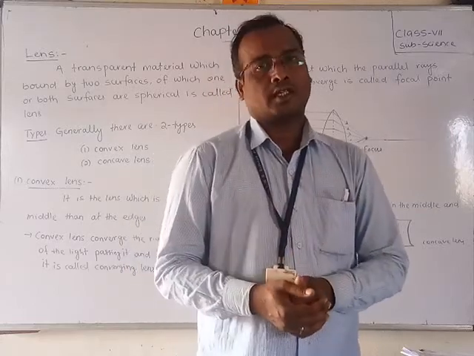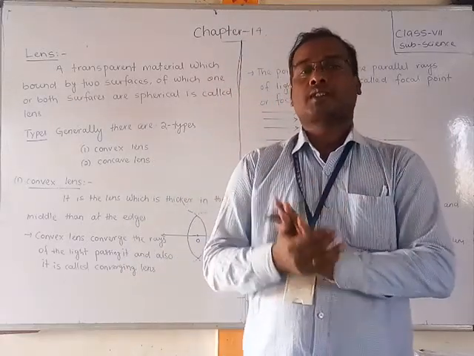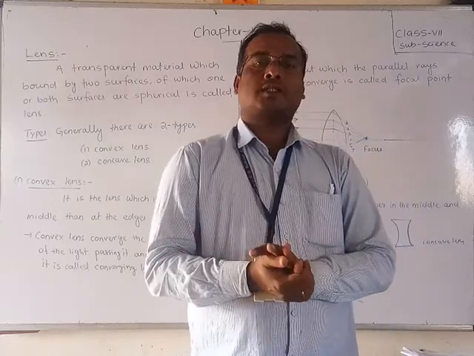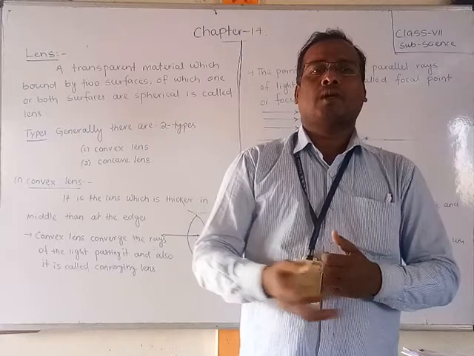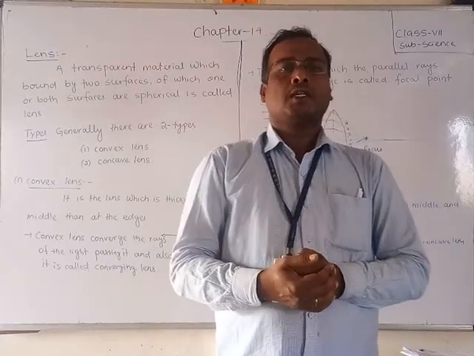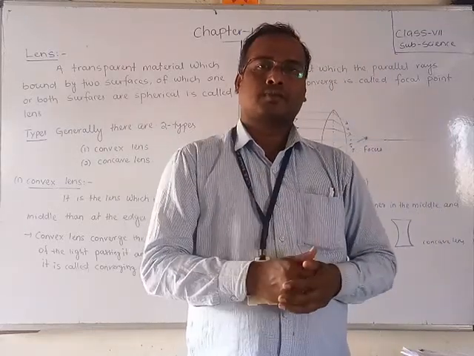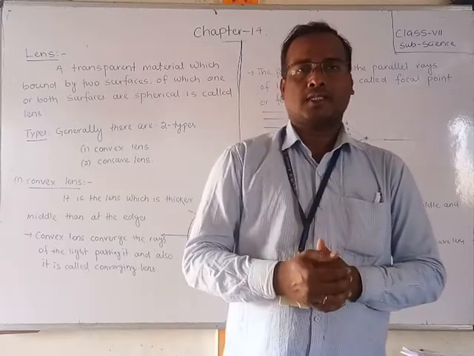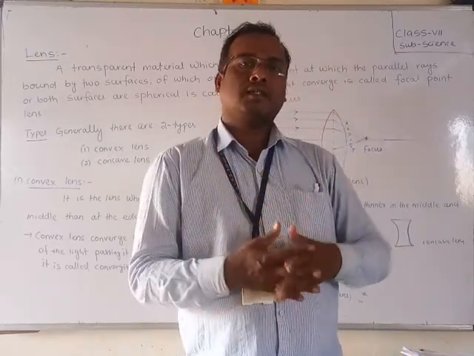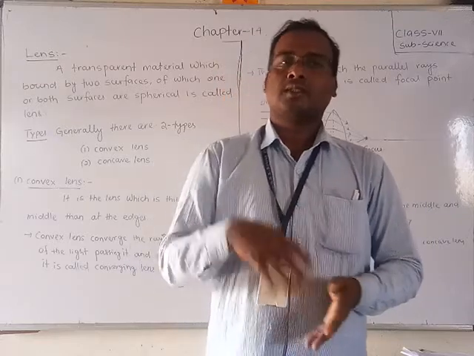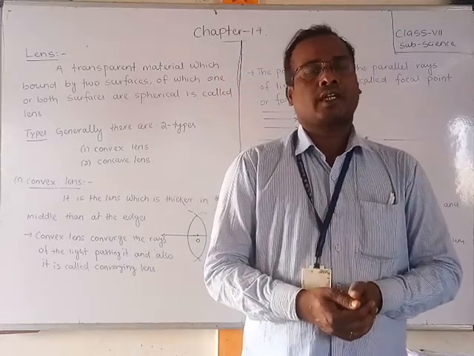When light passes through the lens and converges to one point, that is called a convex lens. But when light passes through a lens and the rays diverge, that is called a concave lens.